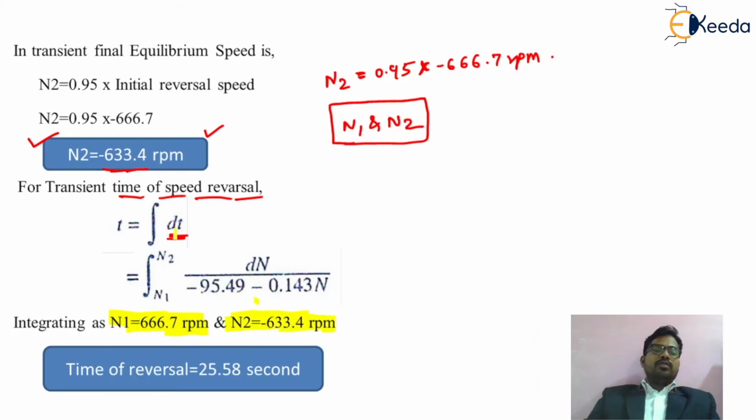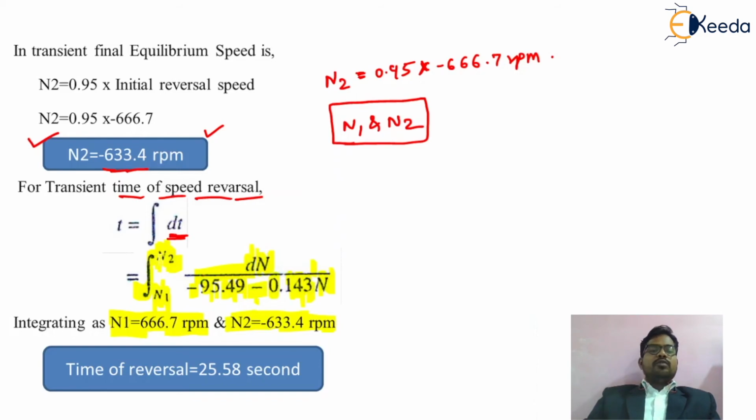Now we can substitute these values into the integral from n1 to n2. n1 is called the initial speed, that is the steady state speed, and n2 is called the final equilibrium speed, of dn divided by minus 95.49 minus 0.143 n. So we can get the value in terms of the integration.